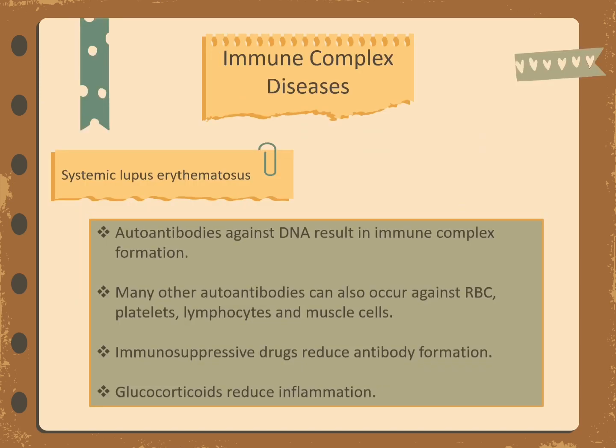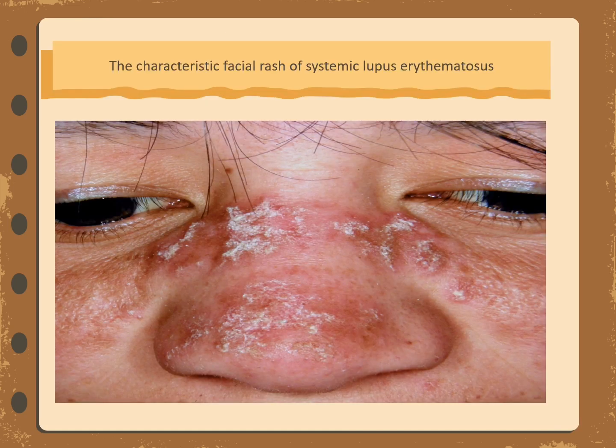For the last, systemic lupus erythematosus. Autoantibodies against DNA result in immune complex formation. Many other autoantibodies can also occur against RBC, platelets, lymphocytes, and muscle cells. Immunosuppressive drugs reduce antibody formation, and glucocorticoids reduce inflammation. Again, this picture represents systemic lupus erythematosus.